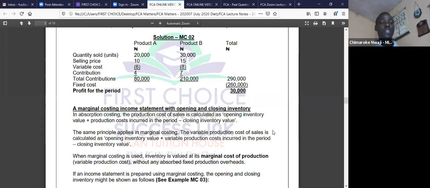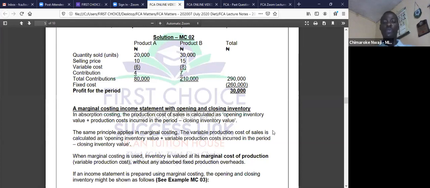That will give you your production cost of sales. This same principle will be applied in marginal costing. So the variable production cost of sales is calculated as opening inventory plus variable production costs less closing inventory. And so suffice it to say that the opening inventory must be variable, the closing inventory must be variable.